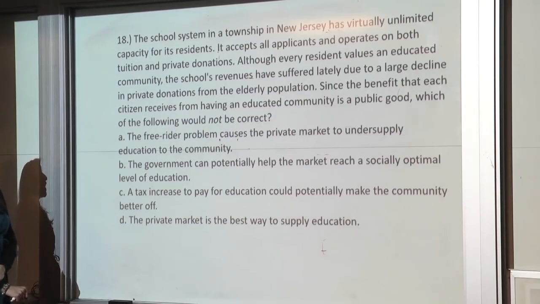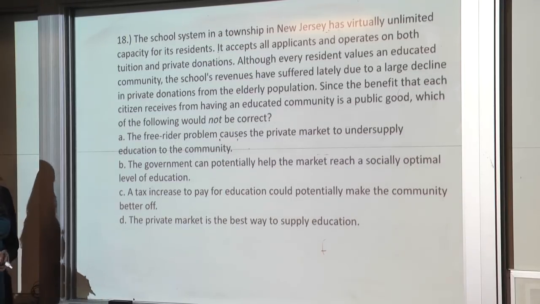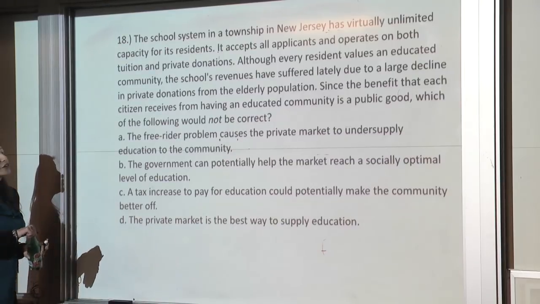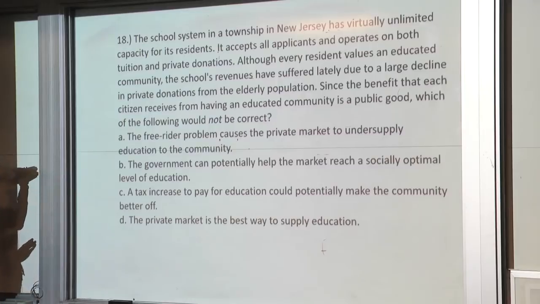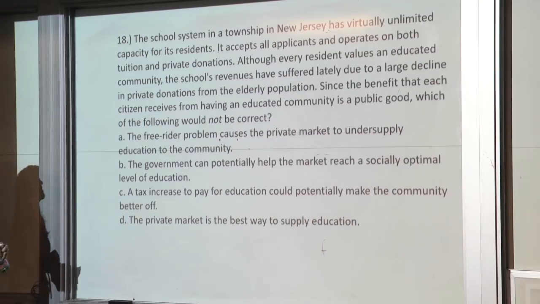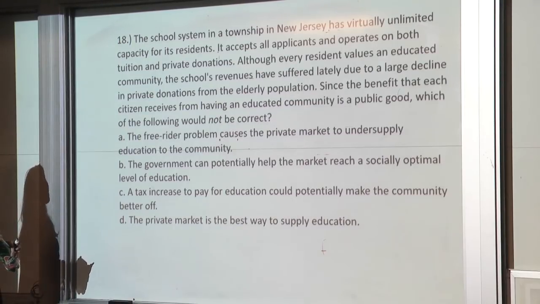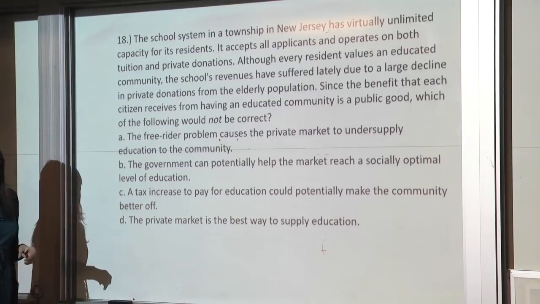Although every resident values an educated community, the school's revenue have suffered lately due to a large decline in private donations from the elderly population. Since the benefit that each citizen receives from having an educated community is a public good, which of the following would not be correct? Okay.